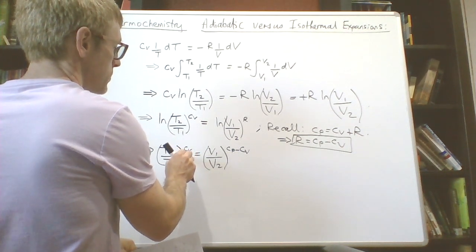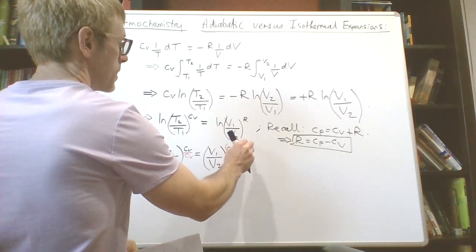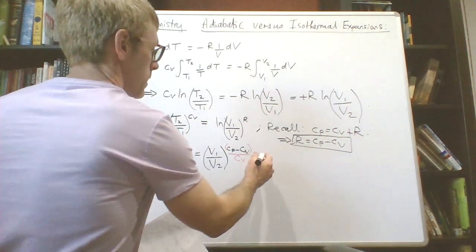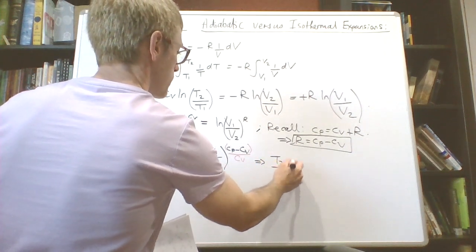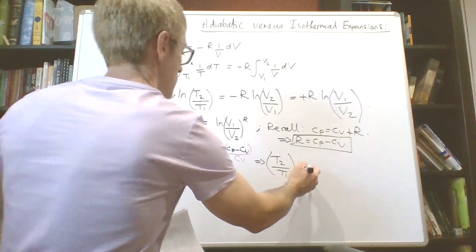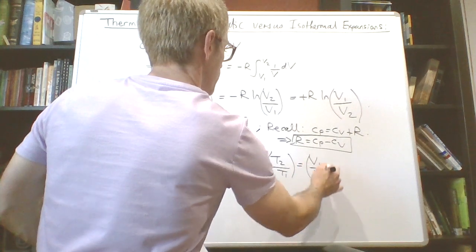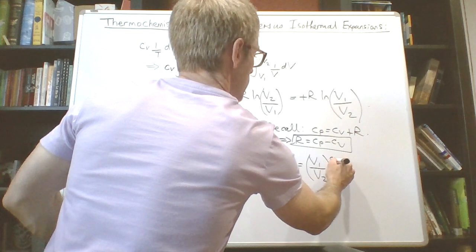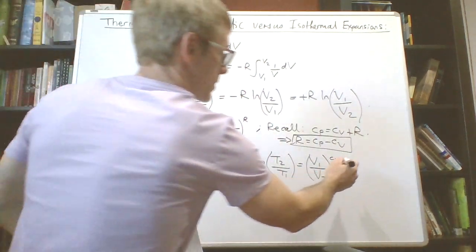So if I were to put Cv here and Cv here, okay, so take the Cvth root of both sides, then I have T2 over T1 is equal to V1 over V2 to the Cp over Cv, and then Cv over itself becomes 1.